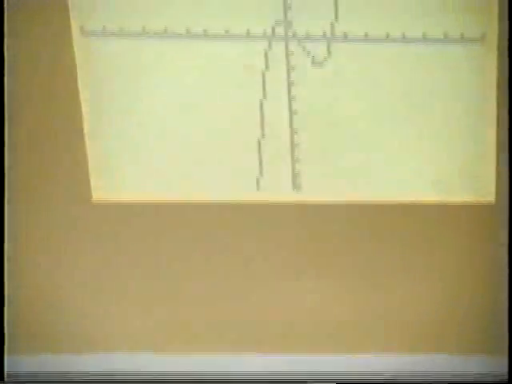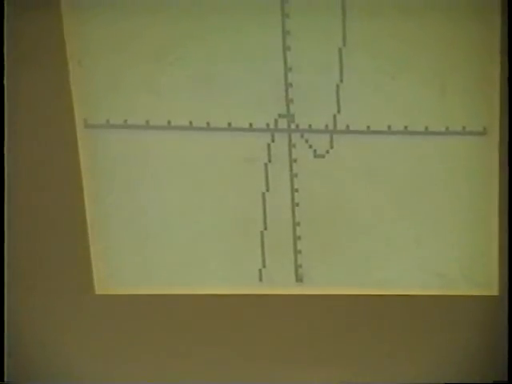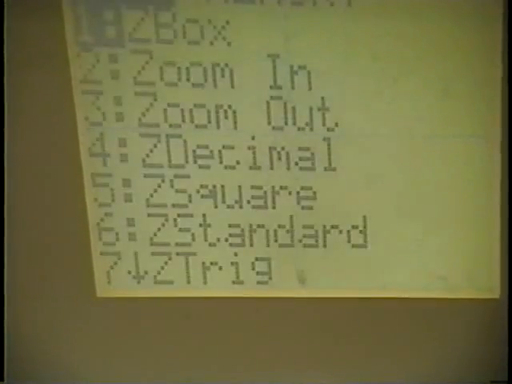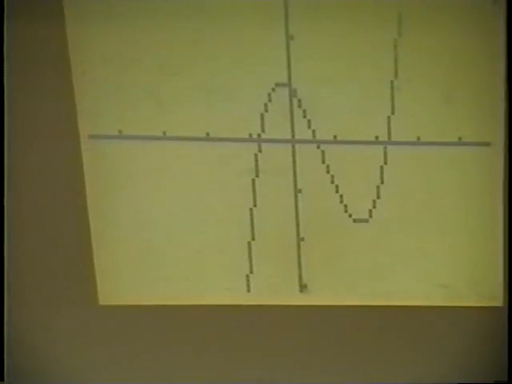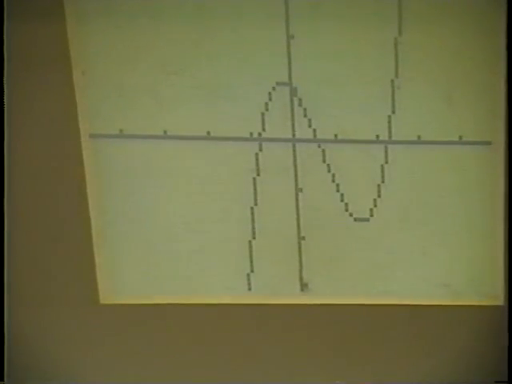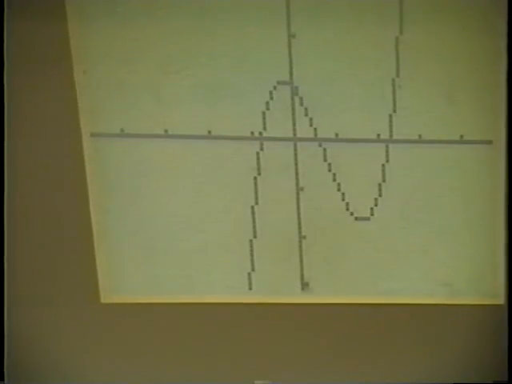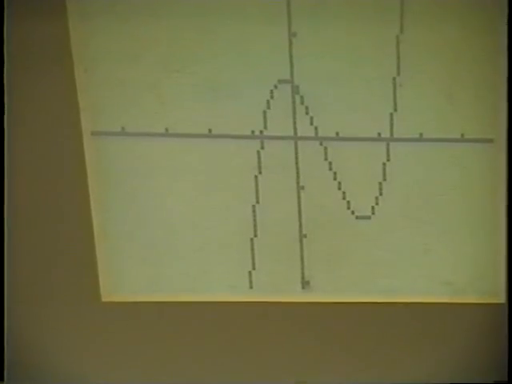Now, I see most of the action seems to be occurring in the other window. So what I'm going to do is hit zoom and hit 4 to blow up the region that's more of interest to me. Now, it looks like there are 3 roots for this equation. Solving this equation, I should have 3 roots or 3 x-intercepts over there.